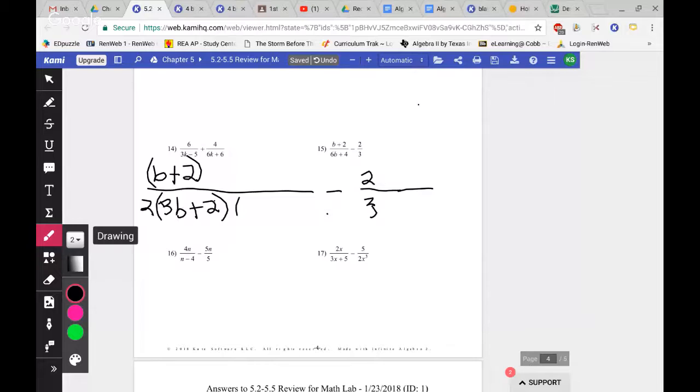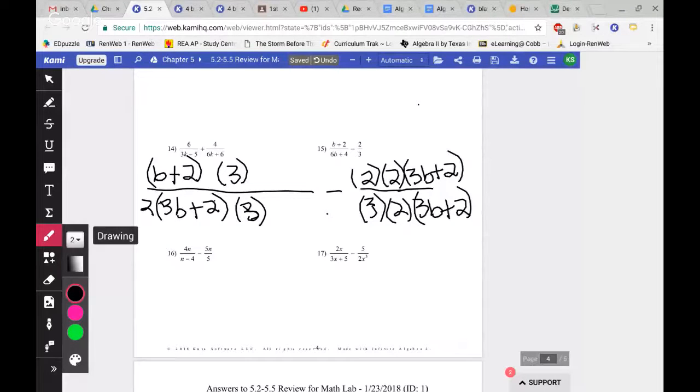So I have to multiply this by that 3. And over here, I have to multiply this by the 2 and the 3b plus 2. So I have to do that at the top as well, because whatever I do to the denominator, I have to do to the numerator.